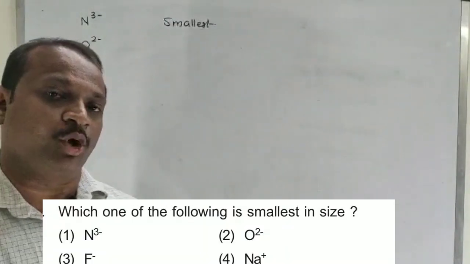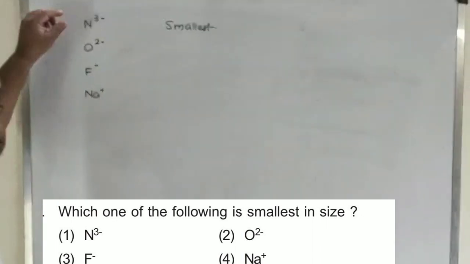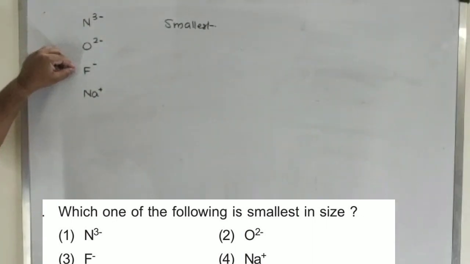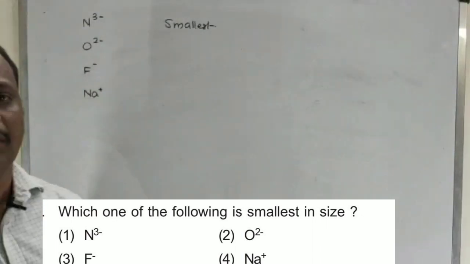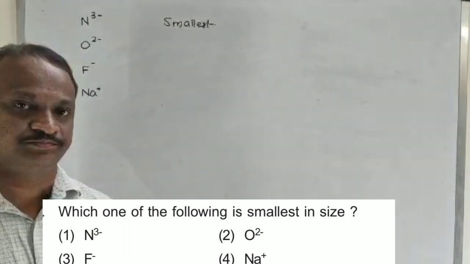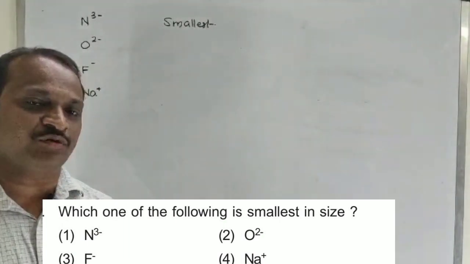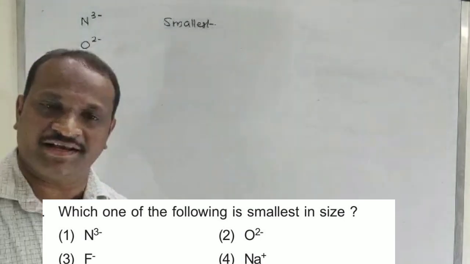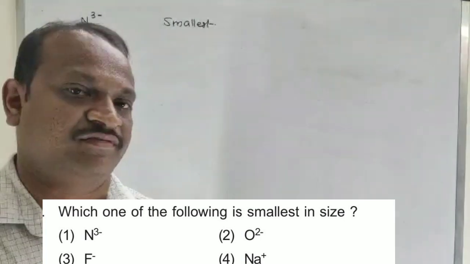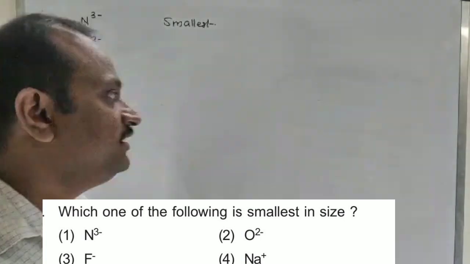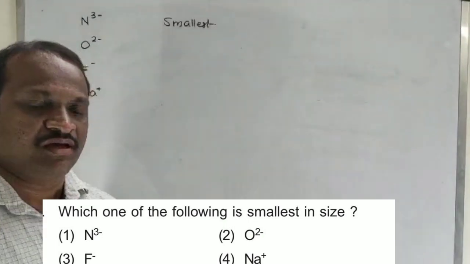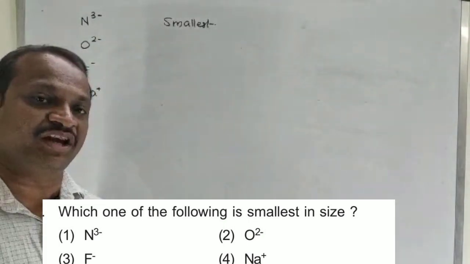See, in this particular problem, they have given N3 minus, O2 minus, F minus and Na plus. They're asking which one is smallest. See, by looking at these options, you can see that they are examples of isoelectronic species. So I can write these isoelectronic species in increasing order of atomic number.